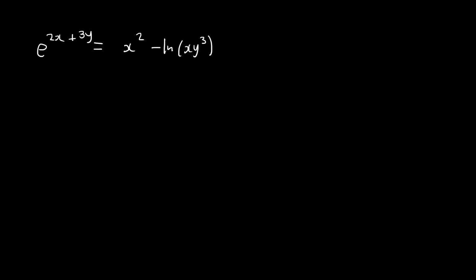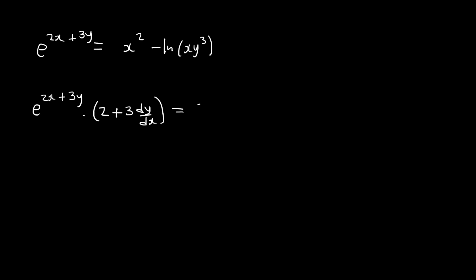So let's derive. Remember, every time you derive an exponent, the first thing is you write it exactly as it is. The second thing, you multiply by the derivative of the exponent. If I derive the exponent, I have 2, then I have 3 dy/dx, because the 2 resulted from the derivative of 2x, which is 2. The derivative of 3y is 3 dy/dx.